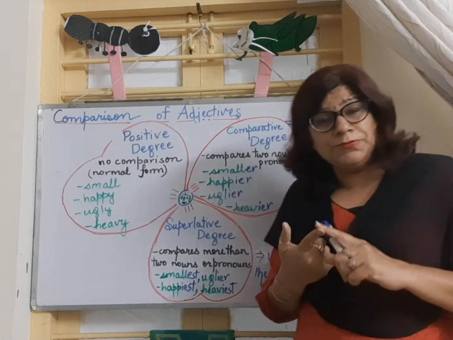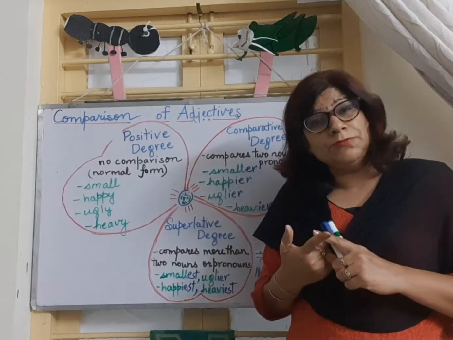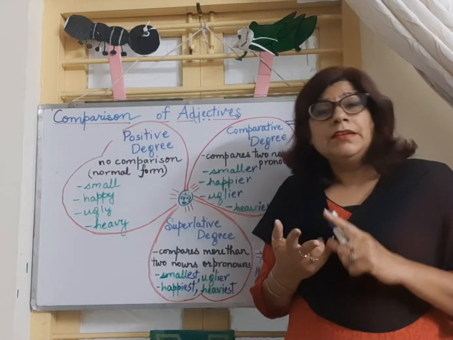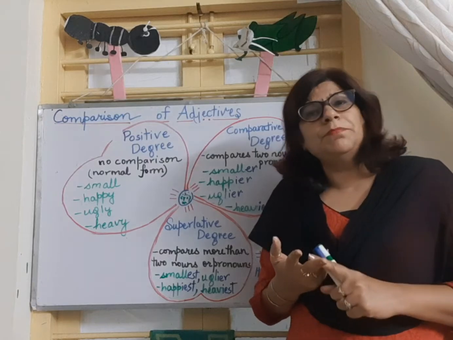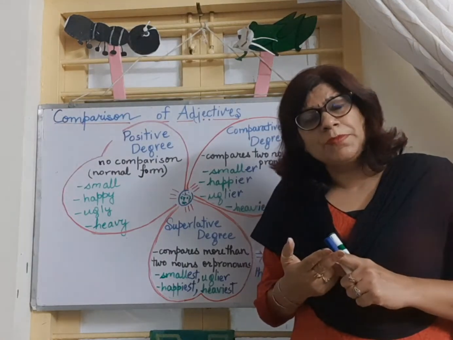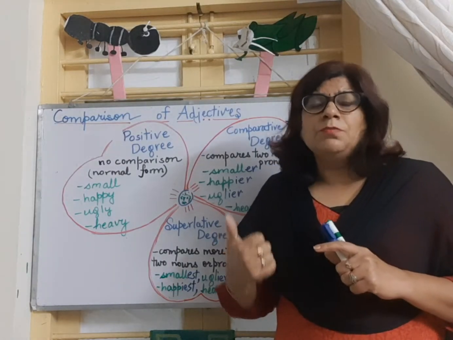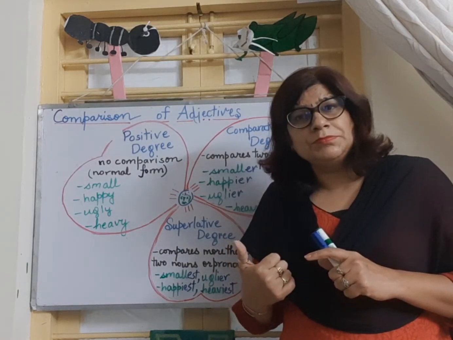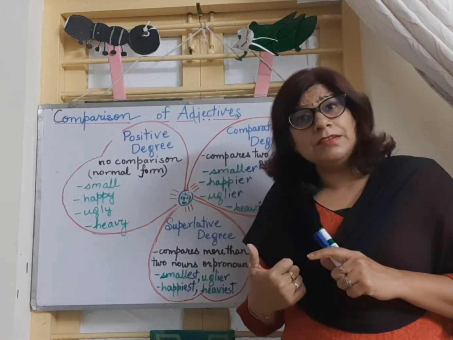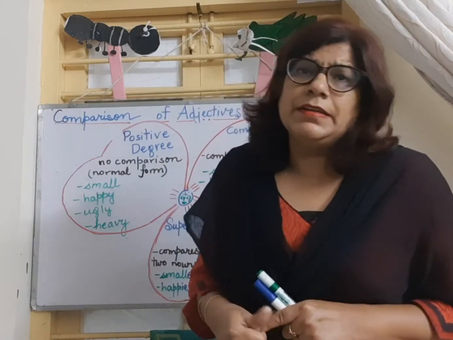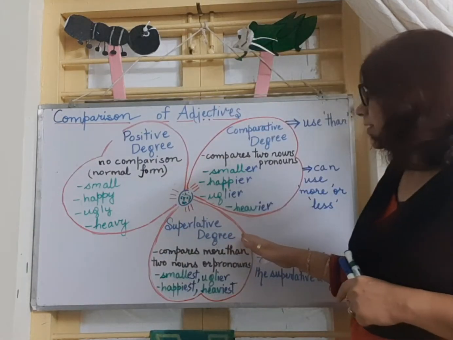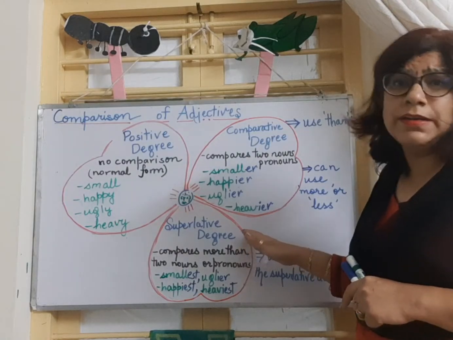So more beautiful, less beautiful, more difficult, less difficult. This way we are making the comparative degree. So more beautiful, more difficult, less difficult, all this will be included in comparative degree.